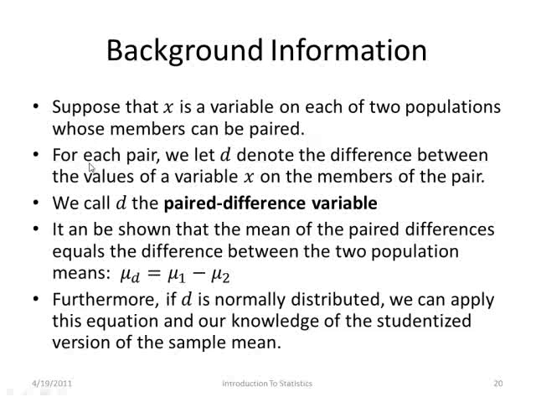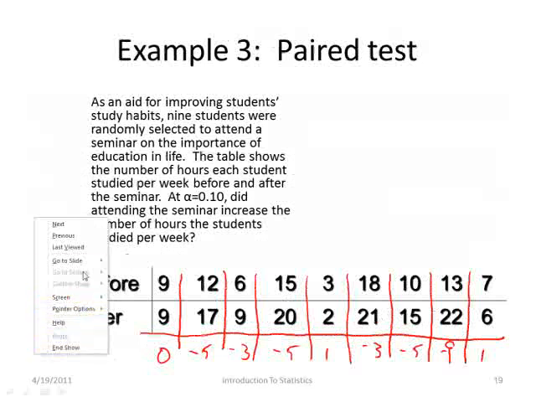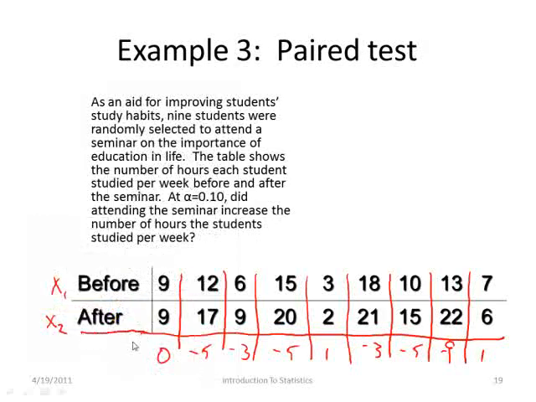So now what we'll do is for each pair, we will let D denote the difference between the values of the variable X on the members of the pair. So going back here, these are my differences down here.